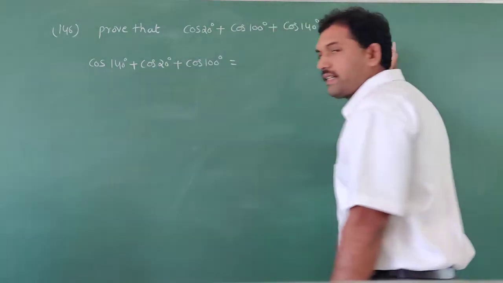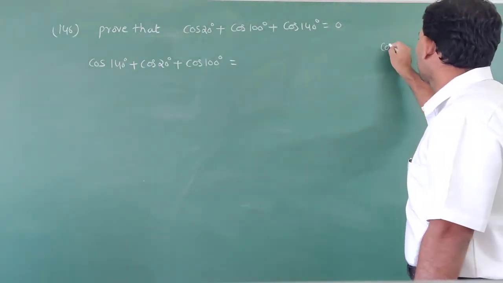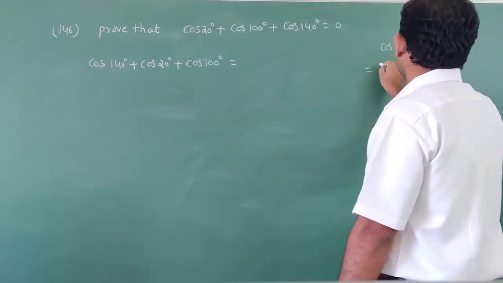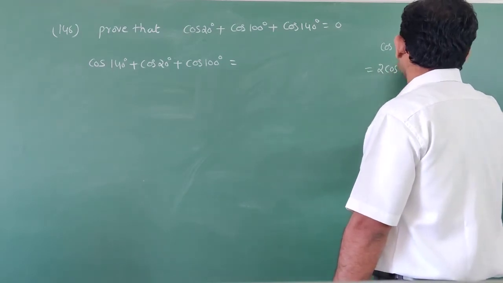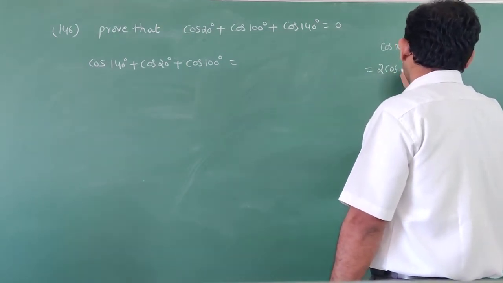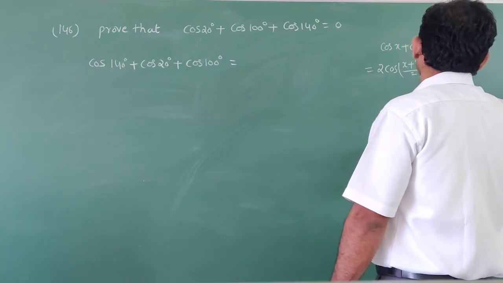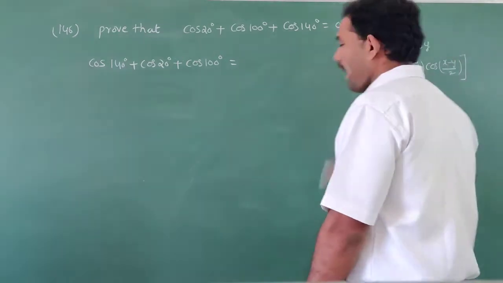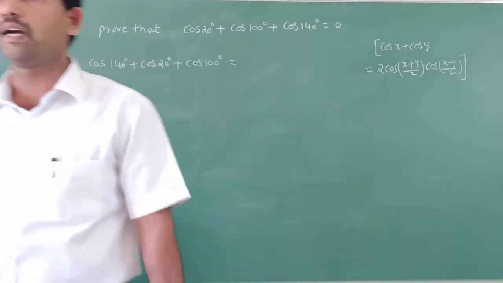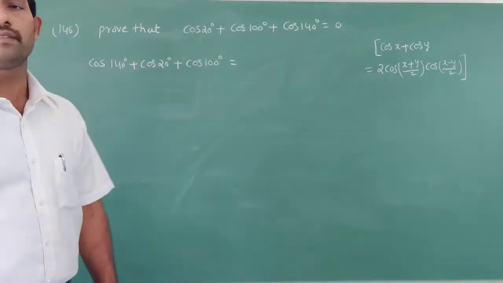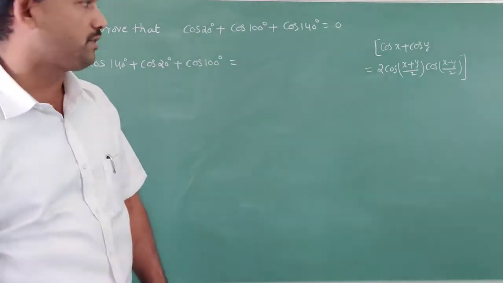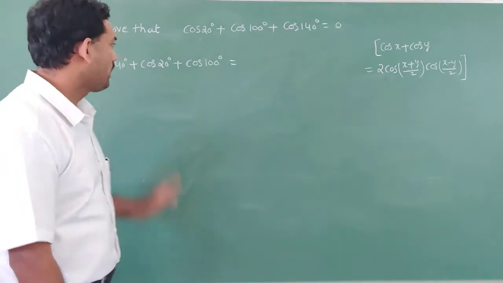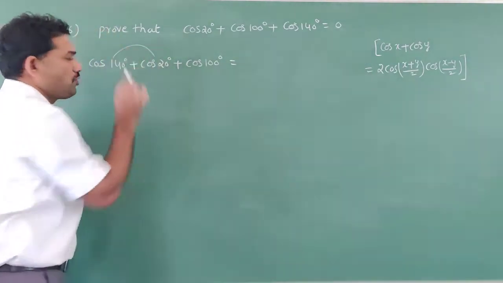Cos x plus cos y is equal to 2 cos of x plus y divided by 2 times cos of x minus y divided by 2. Right?